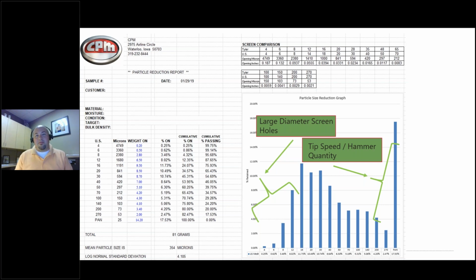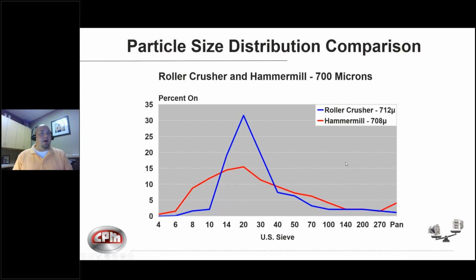Because you're making so many fines, we see a lot of people try to use a larger screen to get a coarser grind. Really what that mostly results in is getting more oversized particles. You do see your average particle size go up, but your standard deviation is going to get larger, and you're not going to have as uniform of a grind. Here I overlay two distributions to give you a better example, one from a hammer mill, one from a roll crusher.